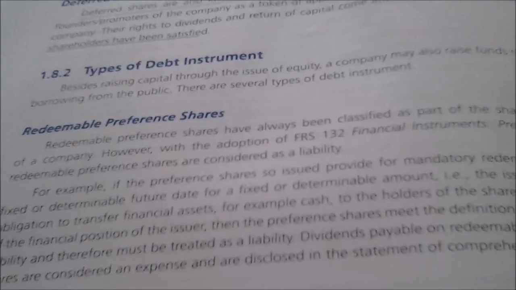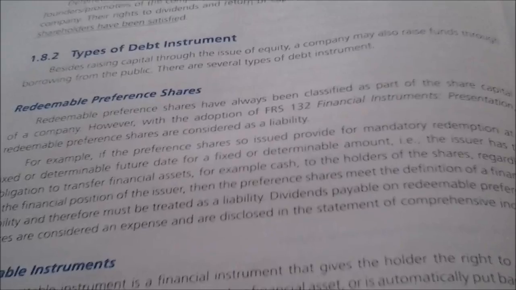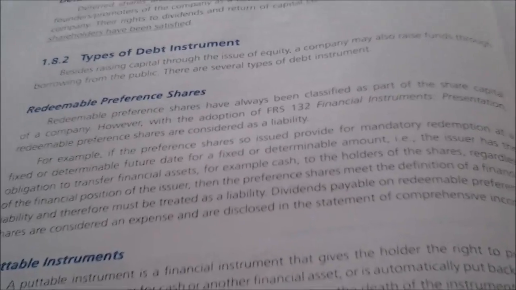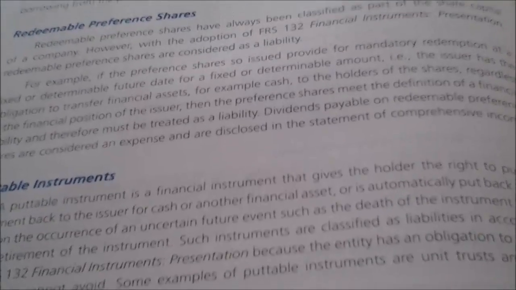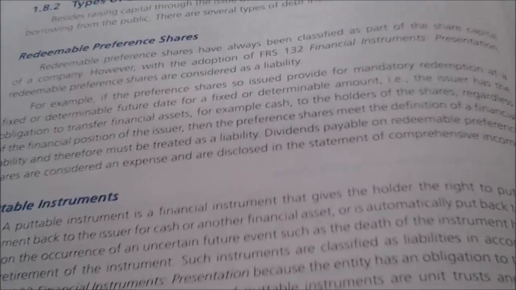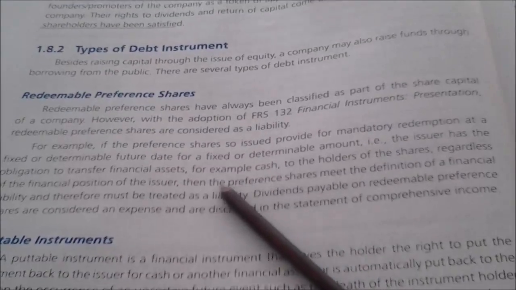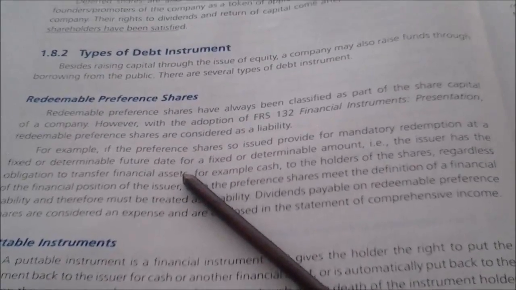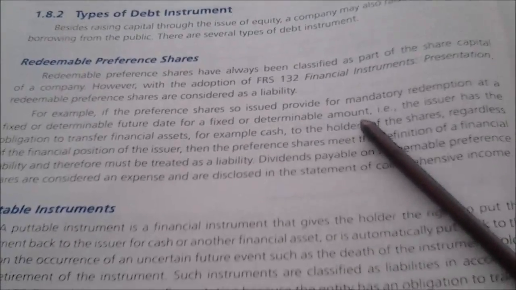Redeemable preference shares have always been classified as part of the share capital of a company. For example, preference shares so issued provide for mandatory redemption at a fixed or determinable future date for a fixed or determinable amount.